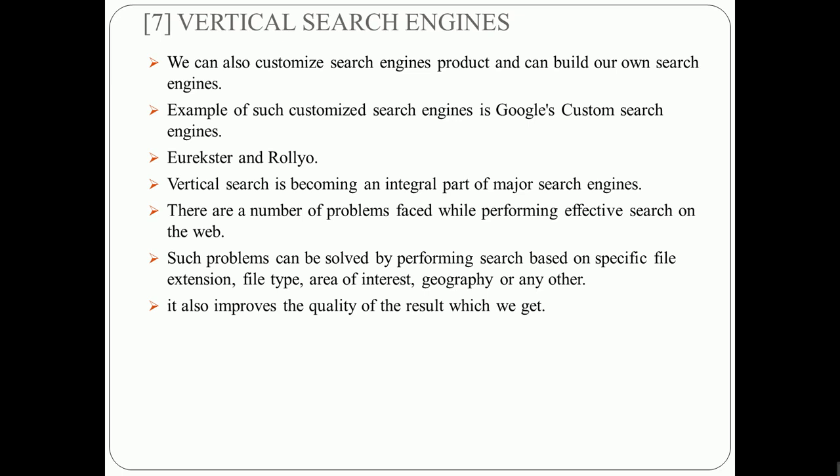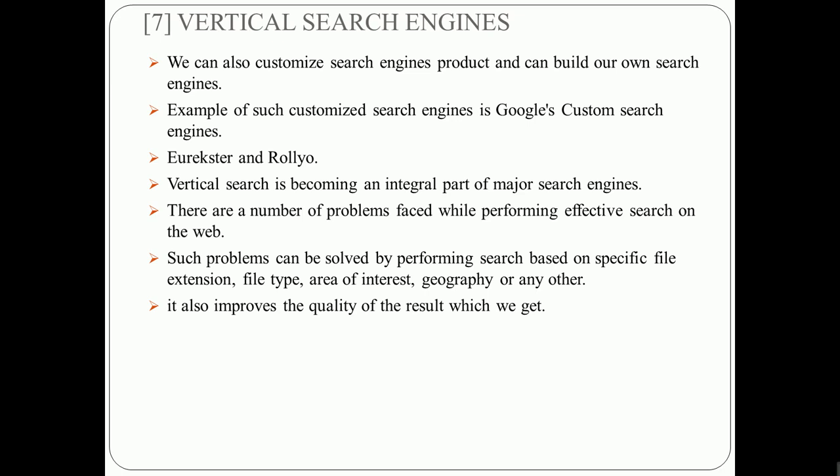There are a number of problems faced while performing an effective search on the web. Such problems can be solved by performing a search based on specific file extension, file type, area of interest, geography and other things. So these types of problems may be solved by vertical search.